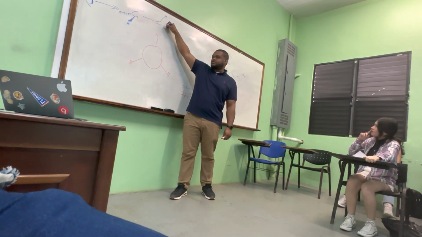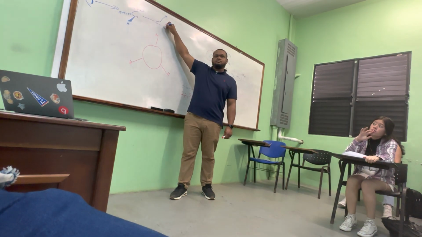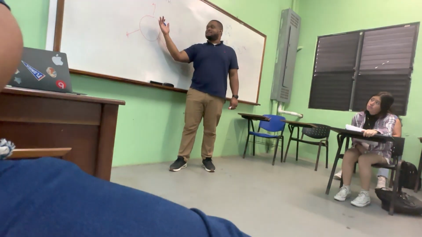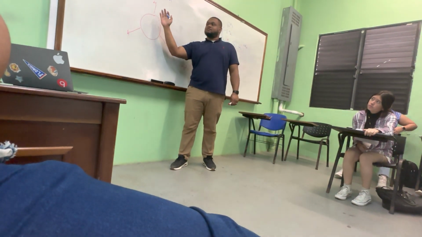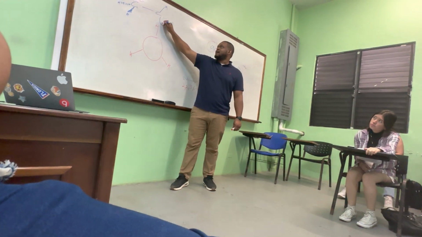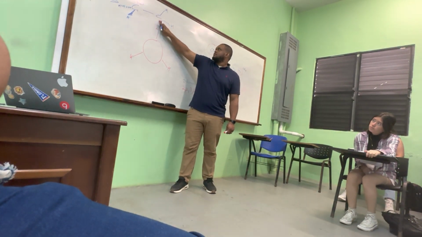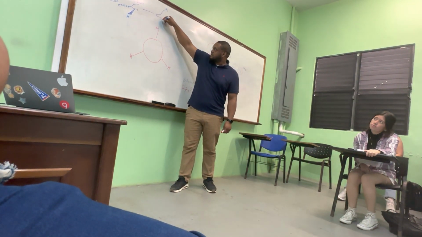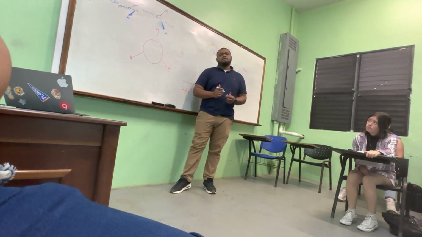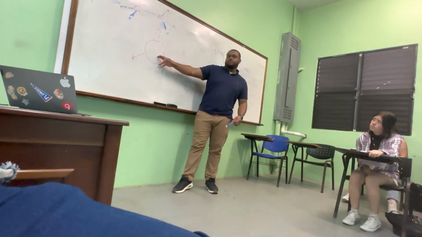Dash or wedge? Dash, right? Because it's the back, we turn it this way so that this hydrogen goes in the back, and this hydrogen comes to the front. Alright?